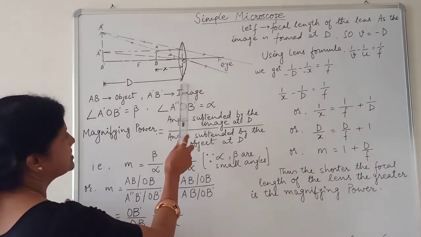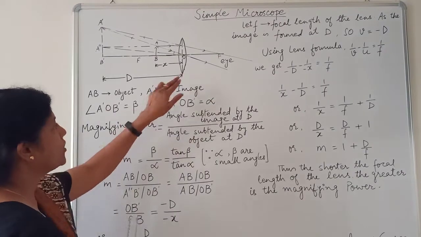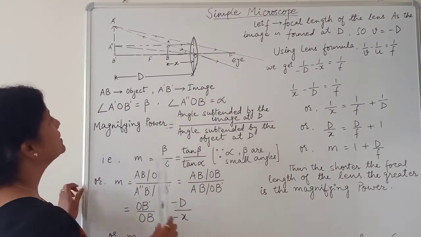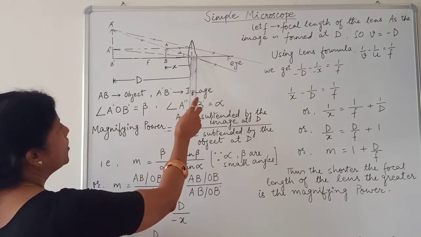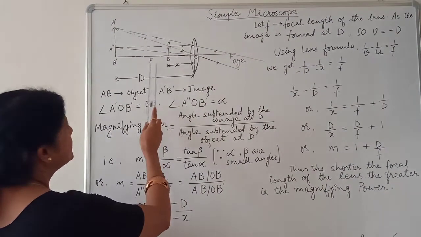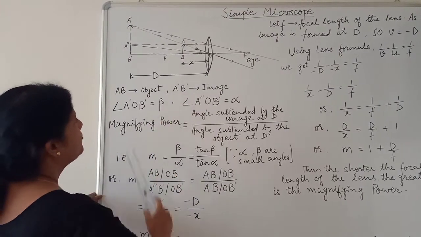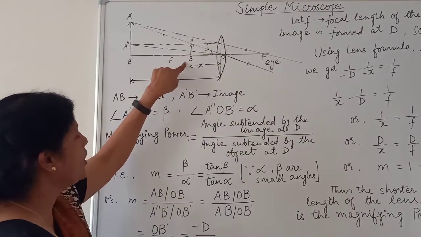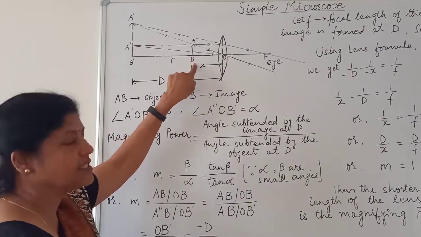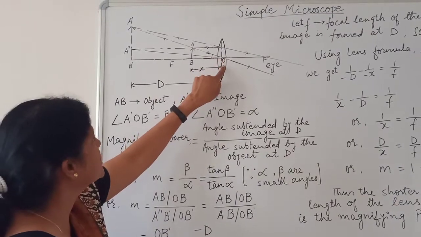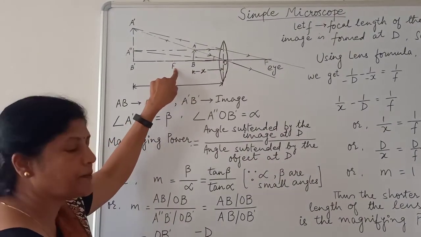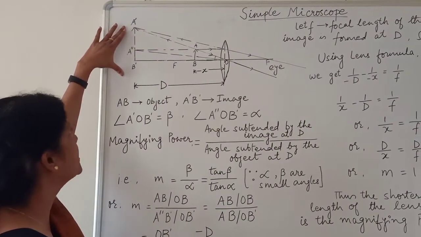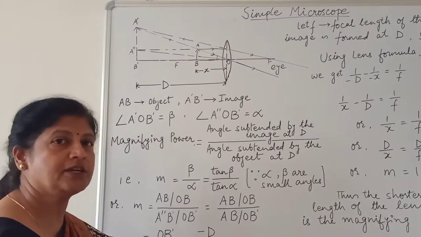Here we have considered one convex lens of short focal length. See, O is the optical center, F is the focus. When an object AB is placed between optical center and focus, a virtual, erect and highly magnified image A dash B dash is formed.